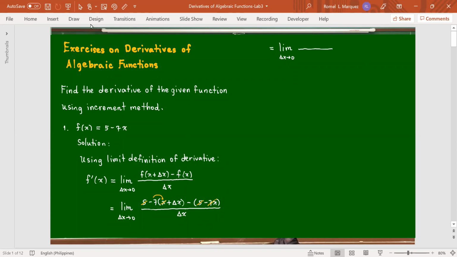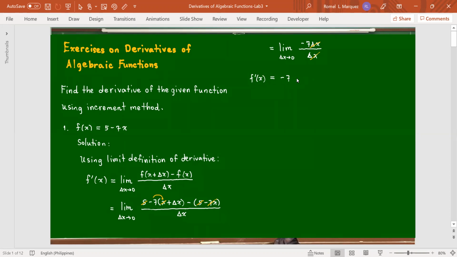Am I correct, guys? So we are left with negative 7 delta x over delta x, and then delta x is canceled out. What's now the limit, guys? Negative 7, no? And that is our f prime of x.